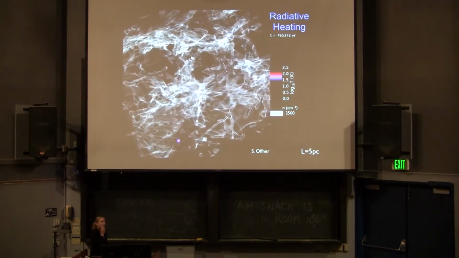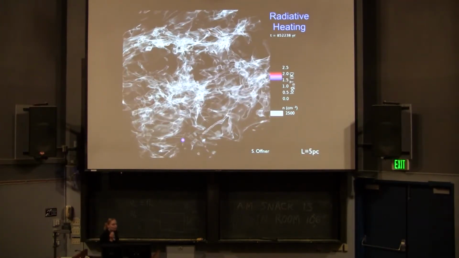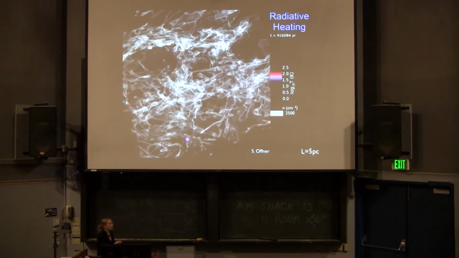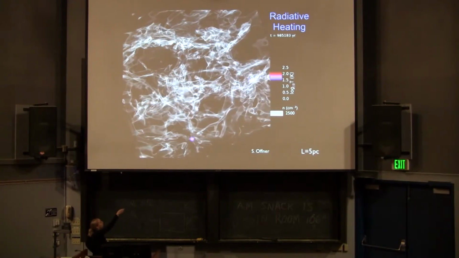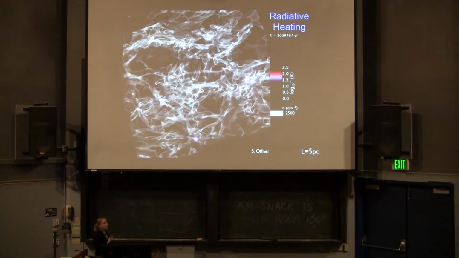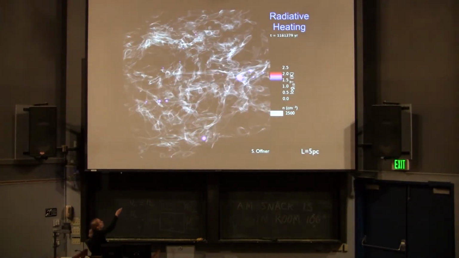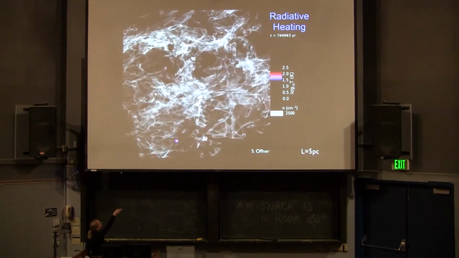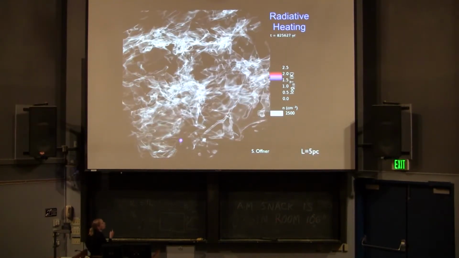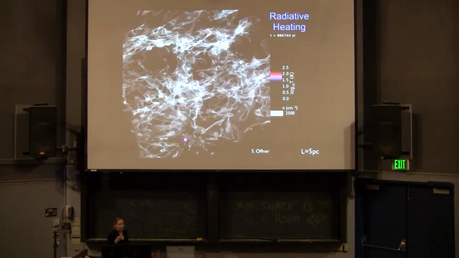So you can also look at the large-scale structure of the cloud as it's evolving over time. And here I combined 2 different images. The gray scale is showing you the very turbulent density component. You can see it's very filamentary. And the red and blue are picking out the forming sources.